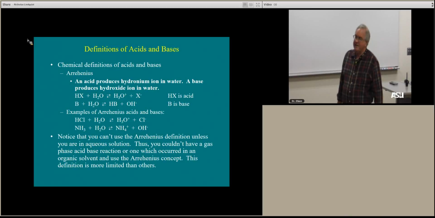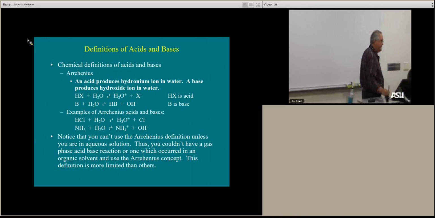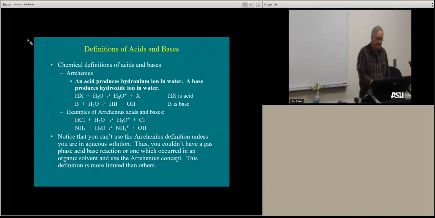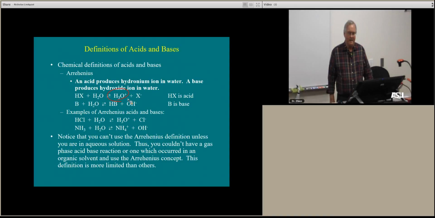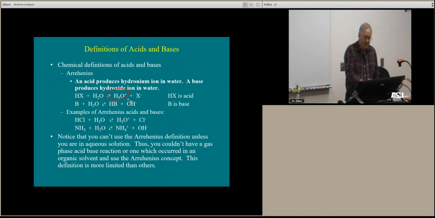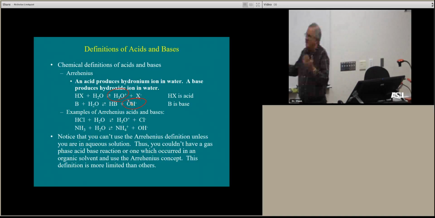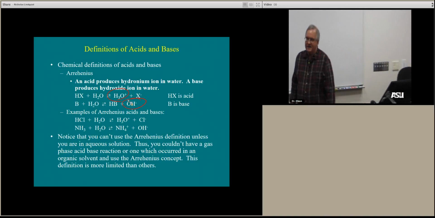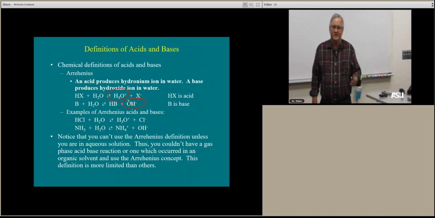So in this particular example, you can see that this compound HX is going to be called an acid because when it reacts with water, it produces the hydronium ion, and B is going to be a base because it produces hydroxide ion. So some examples here would be hydrochloric acid, HCl, which dissolves in water to produce H3O+ and chloride ion.